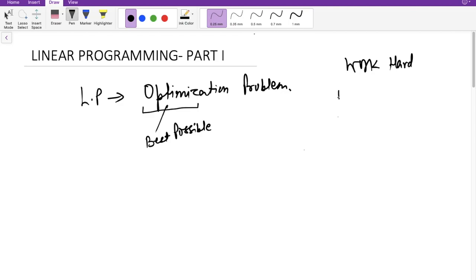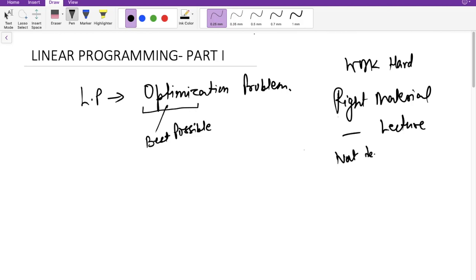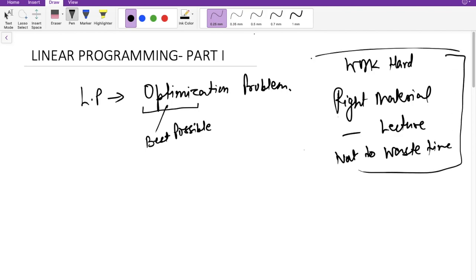You have to study the right material. You have to listen to the right type of lectures. You must not waste time. So these are the various things which you must satisfy if you want to achieve the objective of a very high score, or the highest score which you can achieve.